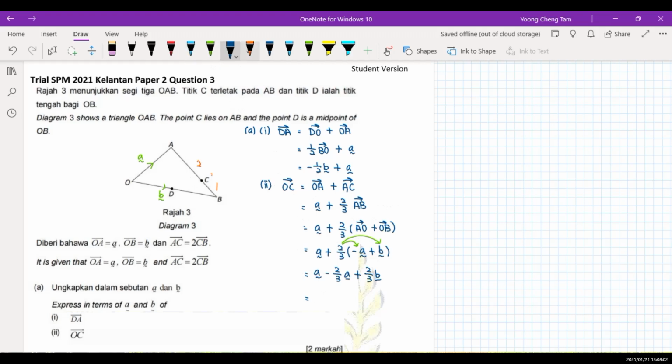If you look at the vector A, we have A minus 2 over 3 A. Remember, vector A is 1A, we have 1 in front of the vector. So 1 minus 2 over 3 will be 1 over 3. So 1 over 3 A plus 2 over 3 B. That's the answer for vector OC.